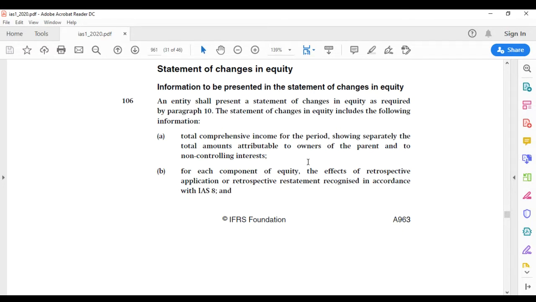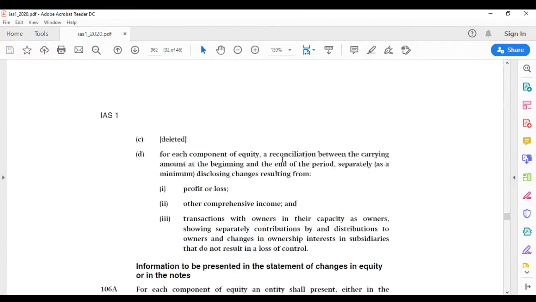And to non-controlling interest, don't worry about that. That deals with group structures. We are not dealing with a group structure yet. And then for each component of equity, the effects of retrospective application. We do not need to worry about this restatement yet. We're going to do that in Financial Accounting 3.